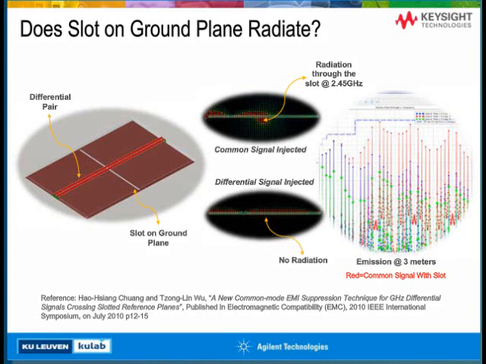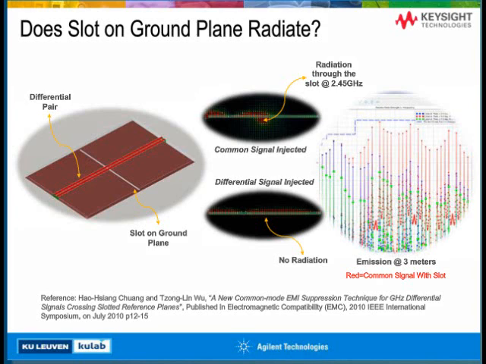As shown in this example, a fair amount of energy couples to the slot and starts to radiate, as shown in this picture. Radiation is shown at the 2.45 gigahertz frequency. It shows that quite an amount of energy is radiating from the slot on the ground plane.